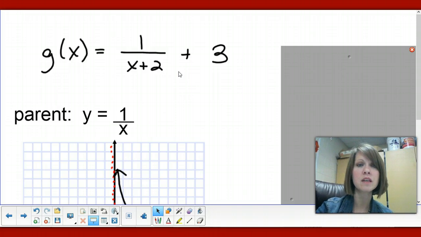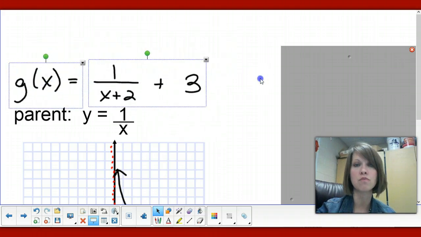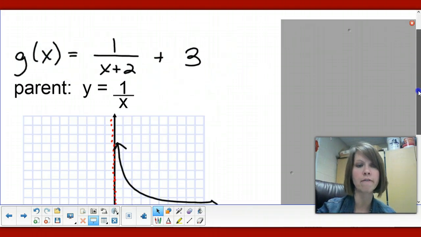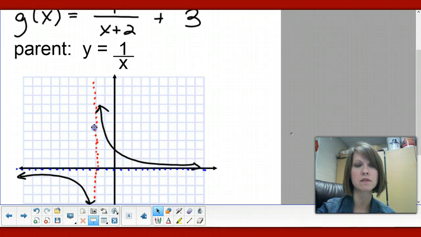Okay? So the plus 2, remember this is a number that has been added inside the function. What I mean by that is it's inside the fraction and it's next to the x. That causes a horizontal shift. It's actually going to cause us to move the graph to the left 2 spaces.